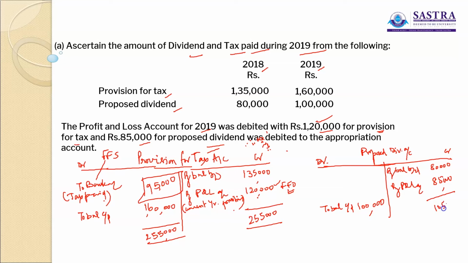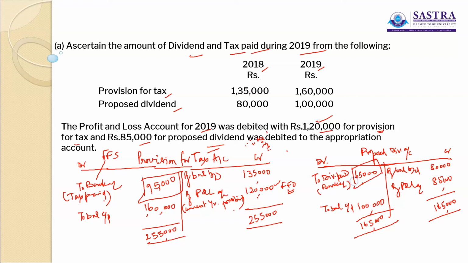So 1,65,000. After adjusting it with 1 lakh, the remaining 65,000 to be taken as dividend paid, or to bank account. The journal entry will be proposed dividend account debit to bank account, which is 65,000.